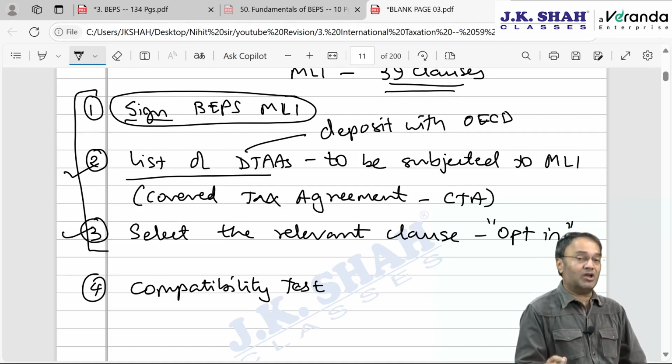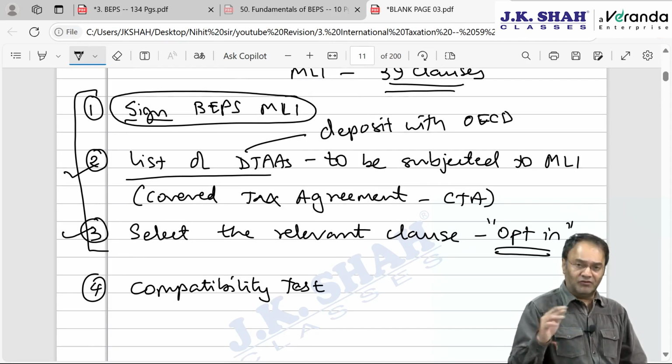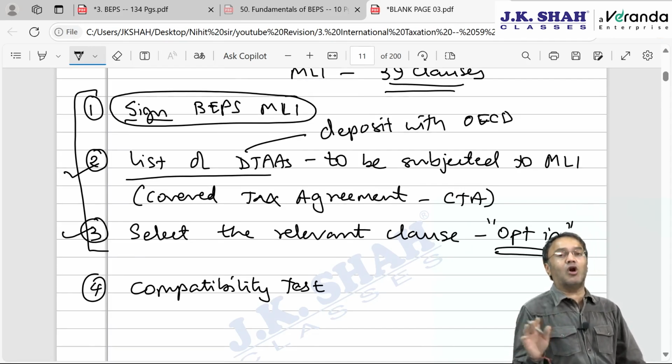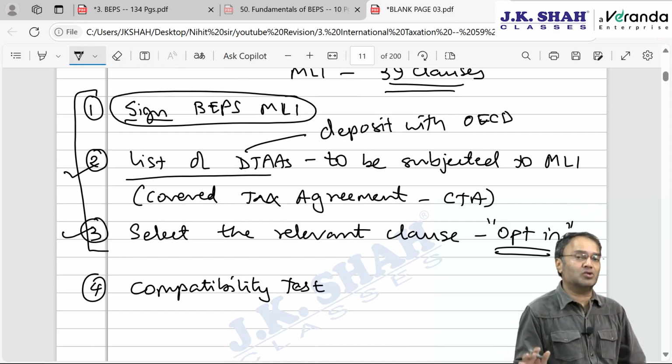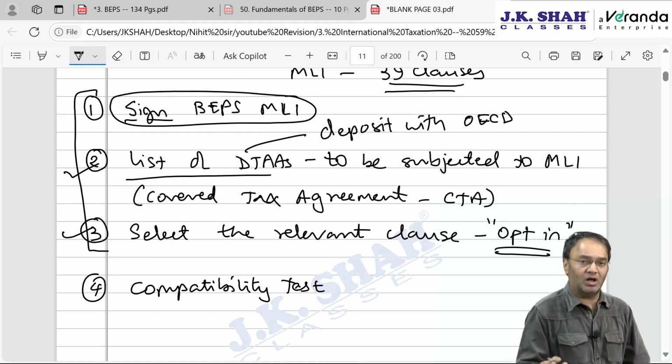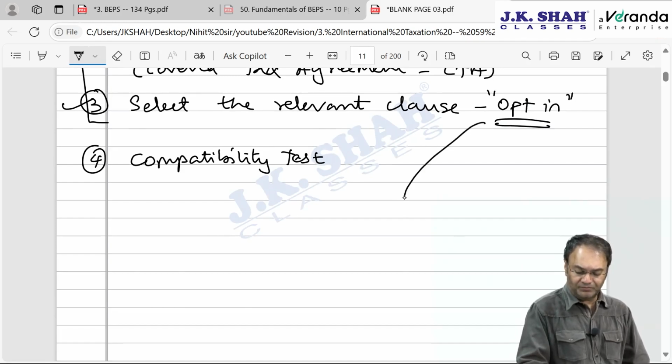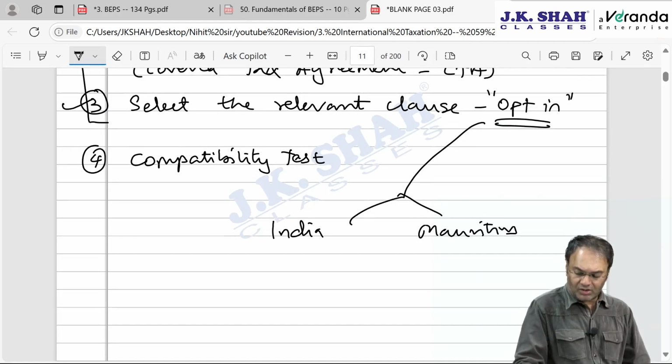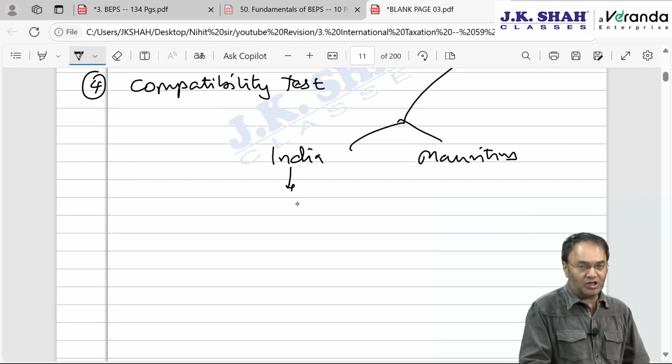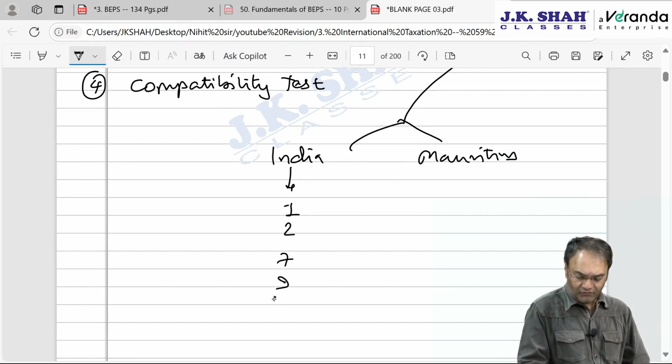And ultimately, whatever clauses are selected by India by opting in, the same clauses should have been opted in by Mauritius also. If different clauses are opted, then only the commonly opted clauses of BEPS MLI will be applicable. Other clauses will not apply. For example, in the Indo-Mauritius DTAA, India opted in for clause number 1, 2, 7, 9, 15, 37.